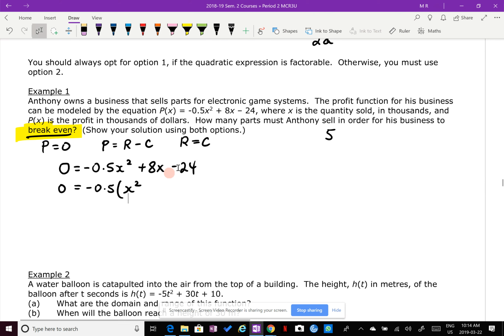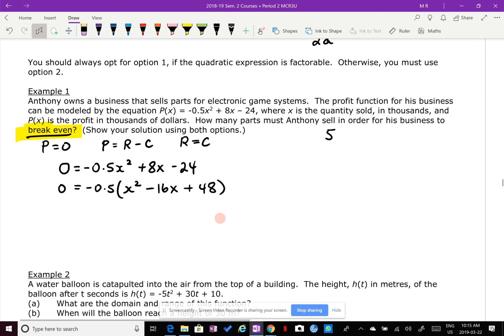And when I say it doesn't change my integers, I mean it doesn't change the integers into a decimal. I can keep these other terms as integers. So 8 divided by negative 0.5 is minus 16x, and minus 24 divided by negative 0.5 is positive 48. So I still have a trinomial in this bracket, x squared minus 16x plus 48.